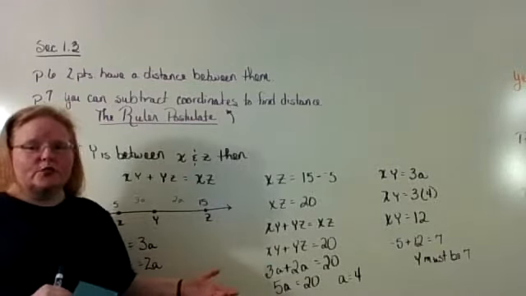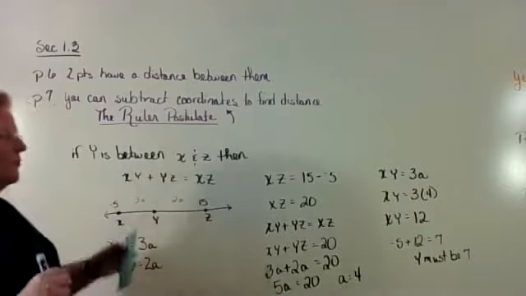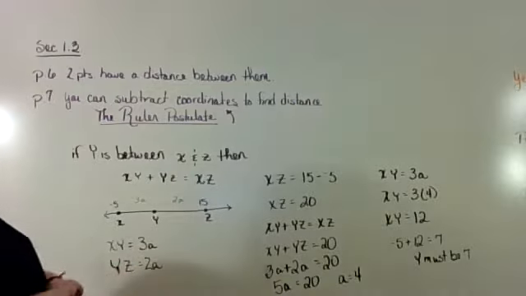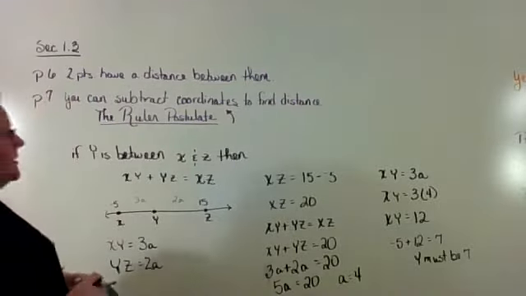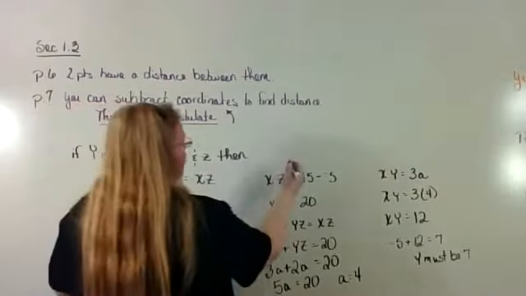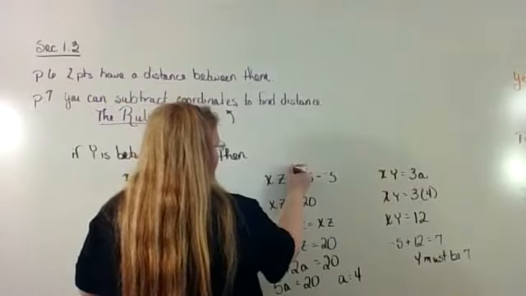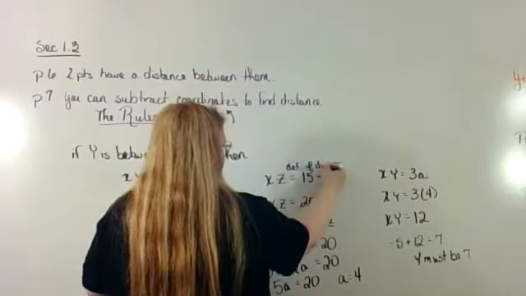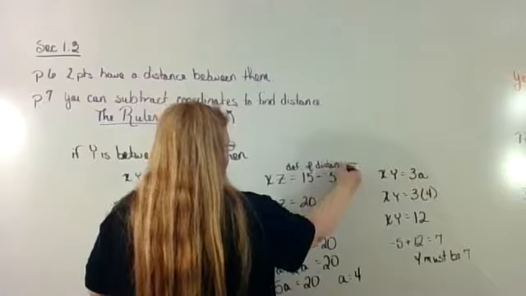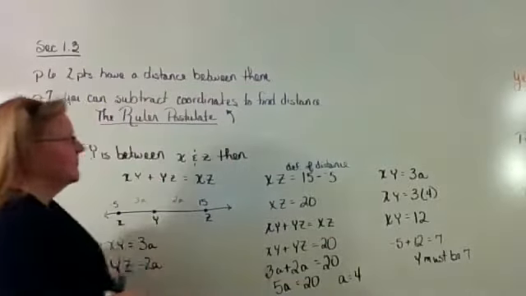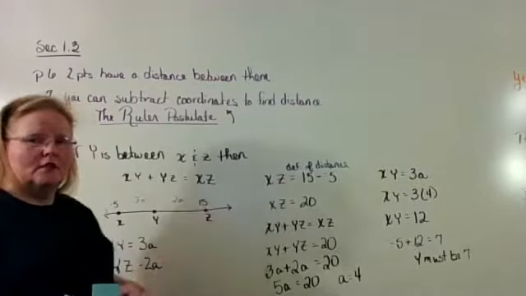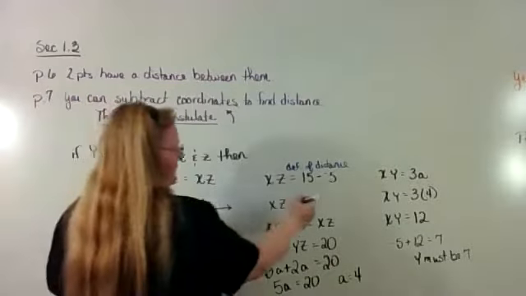So some of those reasons are going to be simple. For example, this one is postulate 6, which means it's our definition of distance. This one was simply addition, simplifying by addition.